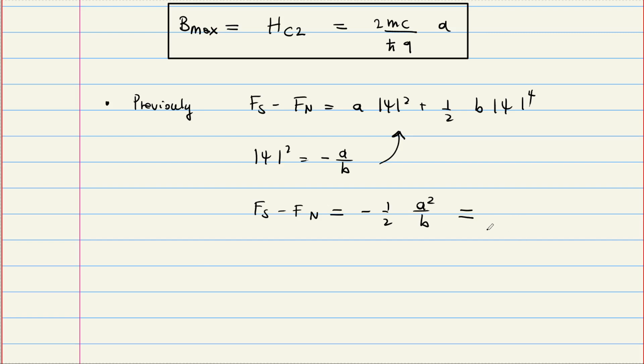From here we set this to minus HC1 squared over 8 pi, and we found HC1 is equal to root of 4 pi A squared over B.